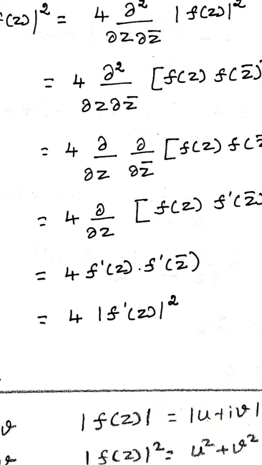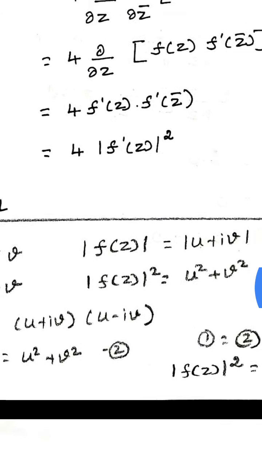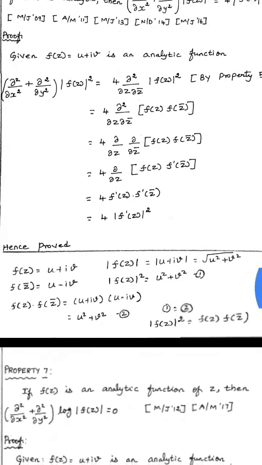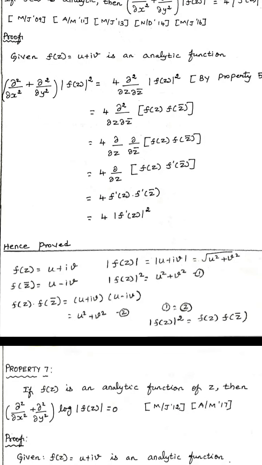You may get the doubt how it came, so for your clarification I wrote it here: modulus of f of z the whole square equals f of z into f of z bar. If you have any doubt, you can go through this part in your study material so that it will give you a clear idea.